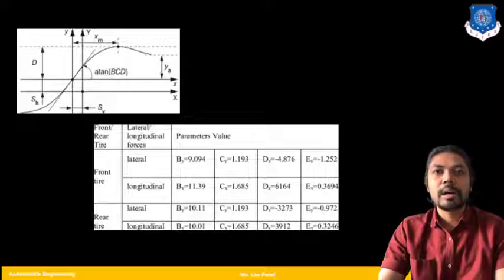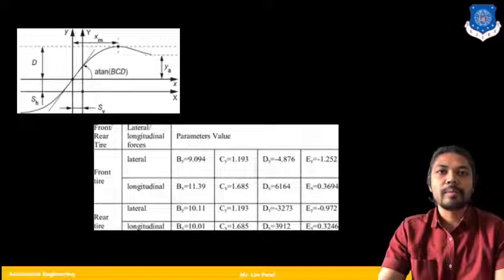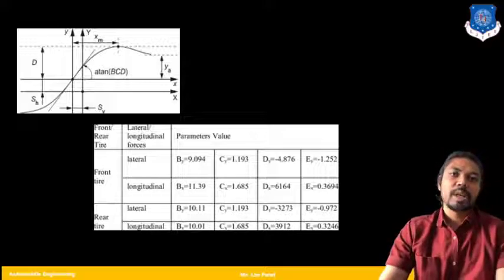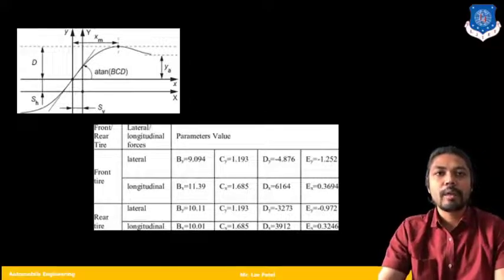So this is the Pacejka magic formula model to develop a new tire model by putting some values of B, C, D and E, that are constant values. So this is the basic theory about the magic formula to build a tire model. Thank you.